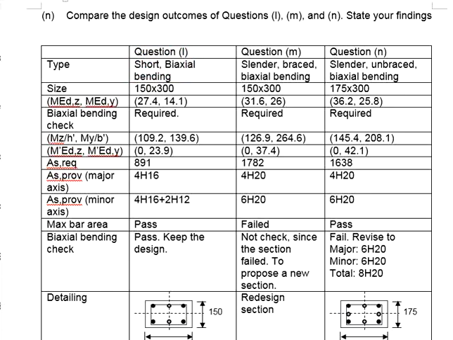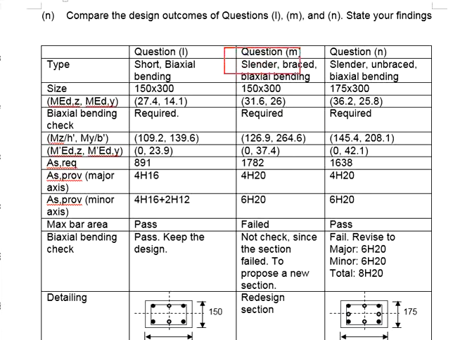The column is subjected to biaxial bending, where we have the MED calculated as given here. Since there are moments acting in both axes, we need to calculate the MED for both axes.